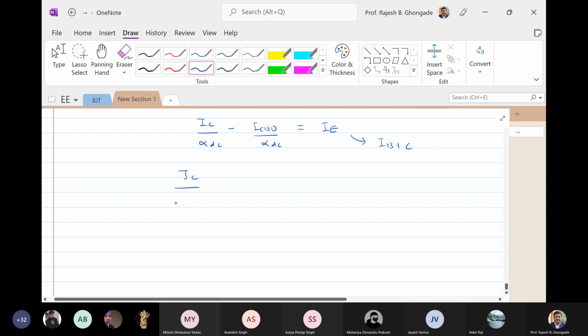Okay, IC by alpha DC. Now this is IB plus IC, so I bring IC here, and this is IE plus ICBO by alpha DC. Is that okay? Yes, sir. Minus 1 equal to, this should be IB.